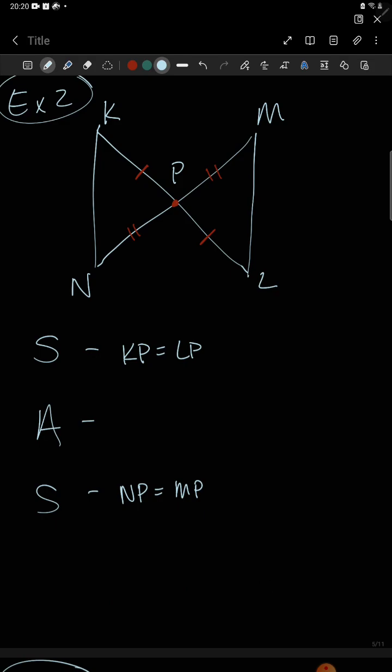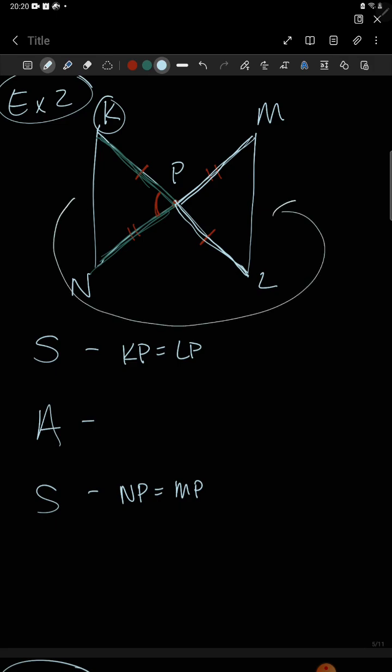In this case, we know that angle KPN is congruent to angle LPM. I'm going slowly for you guys, in a different color now. I don't know if you noticed, but this whole thing has been rotated because I have to rotate those arc marks to match up with each other.